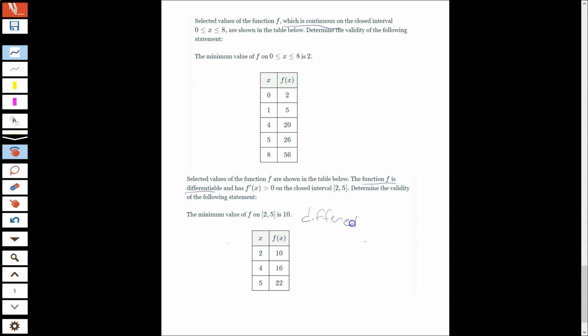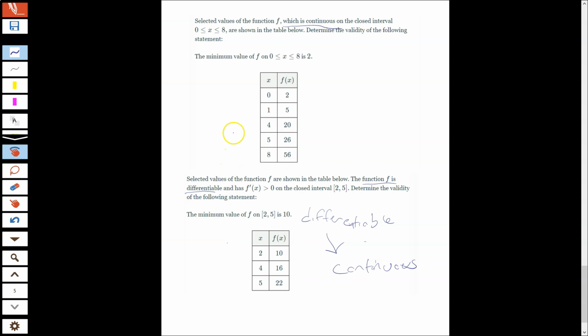Differentiable means that the derivative exists, and if the derivative exists, the function is also continuous. So we can use that to know that the extreme value theorem applies. So the extreme value theorem applies to both of these.